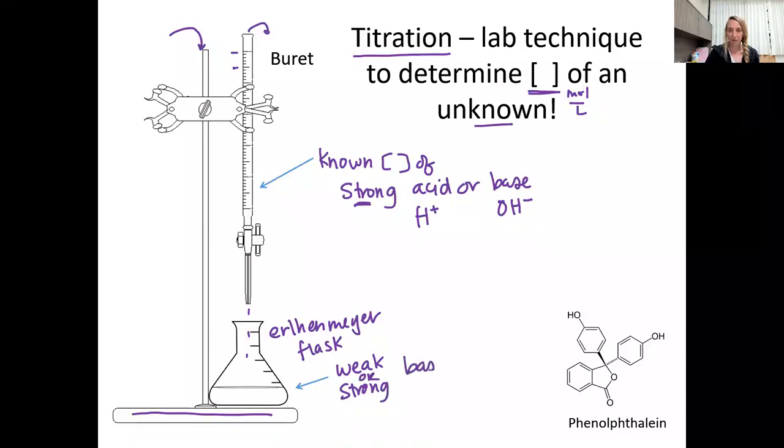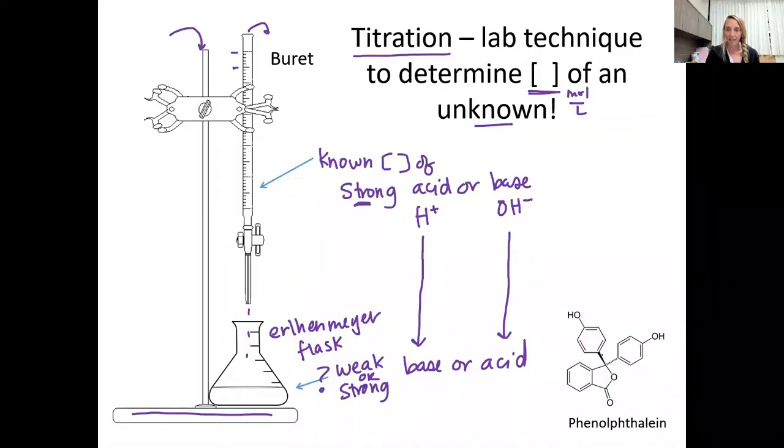If you want to know something about the weak or strong acid or base, and this is our unknown down here, then we react the acid with it. If we want to figure out something about the acid or its concentration, then we drip the base into it.